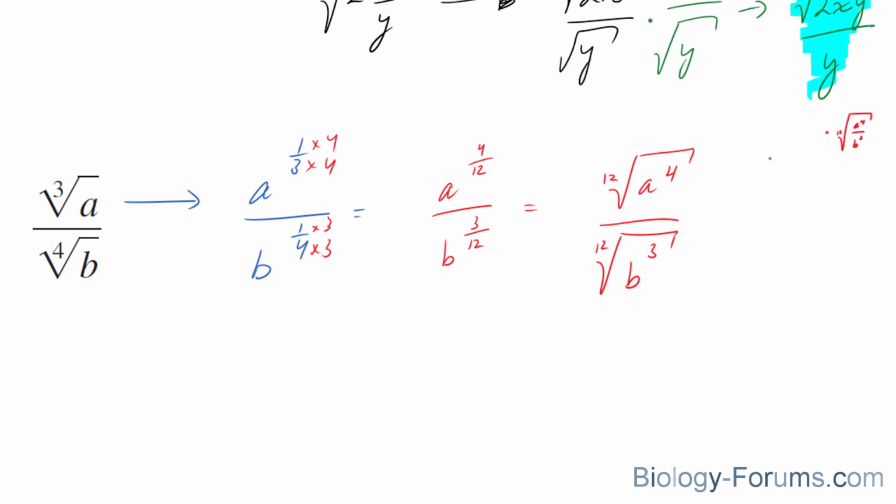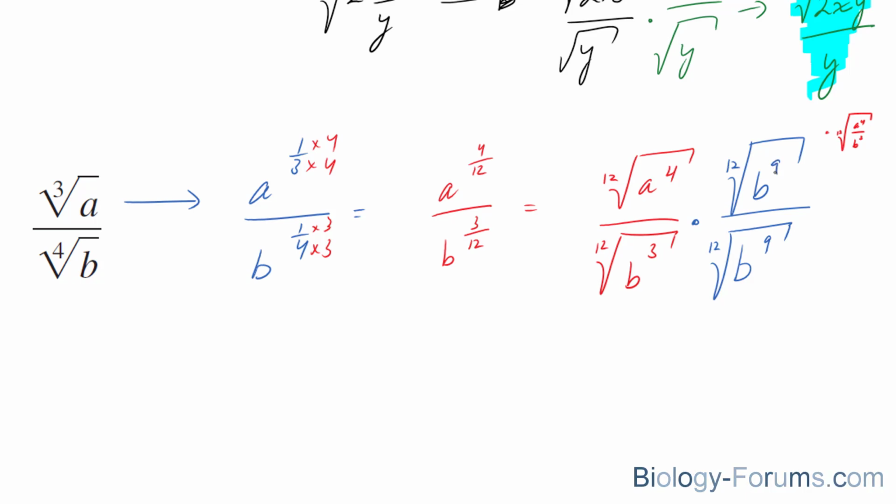If you go back and focus on here, you'll notice that you have a radical at the bottom and you have to rationalize. And the only way to get rid of this radical is to multiply the bottom part by b to the power of 9 with a 12th root. Now you're probably wondering why that is.